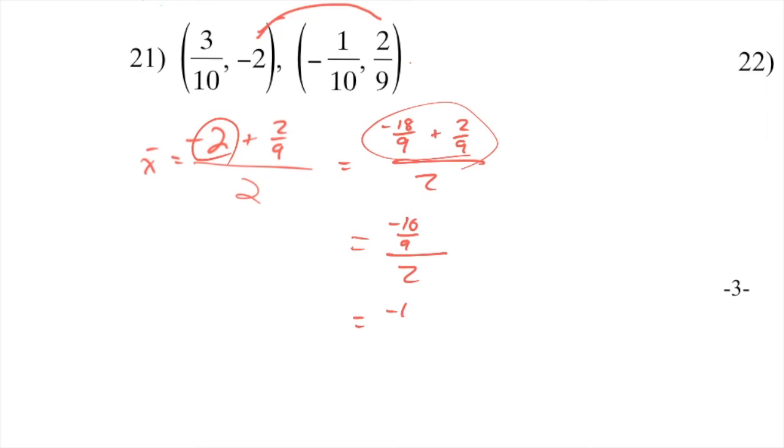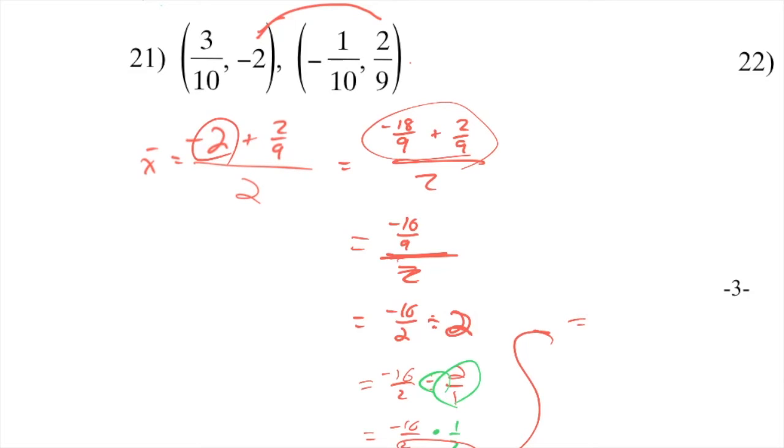And if you divide fractions, you flip the second piece and you multiply. So let's multiply by 1 over 2, which is nice because this becomes negative 16 over 4, and negative 16 over 4 is just negative 4. So the average x is negative 4.